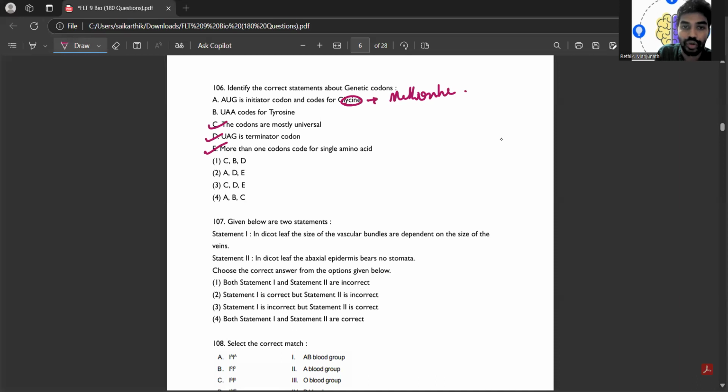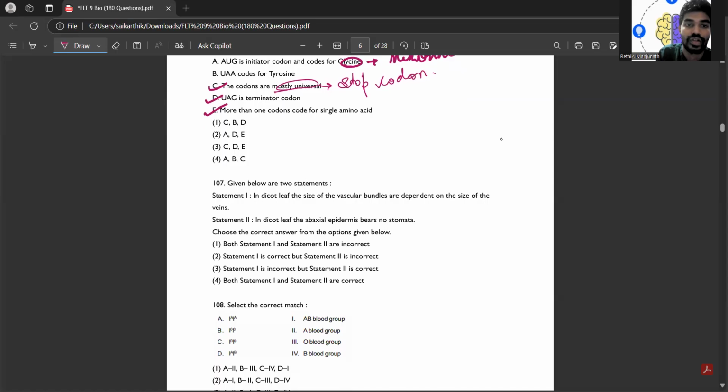Then B is about UAA coding not for tryptophan, rather UAA is actually a stop codon. So C, D, and E are the correct ones.